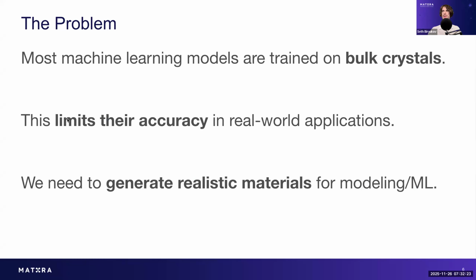One of the challenges in material science today is that materials used to train machine learning models are structures of ideal 3D crystals, while real-world applications require structures that are more complex, such as defects, surfaces, or interfaces. In order to do that, we needed a way to generate such materials.